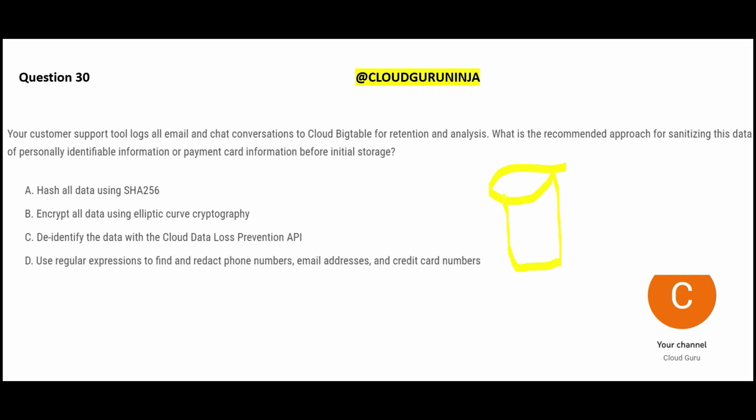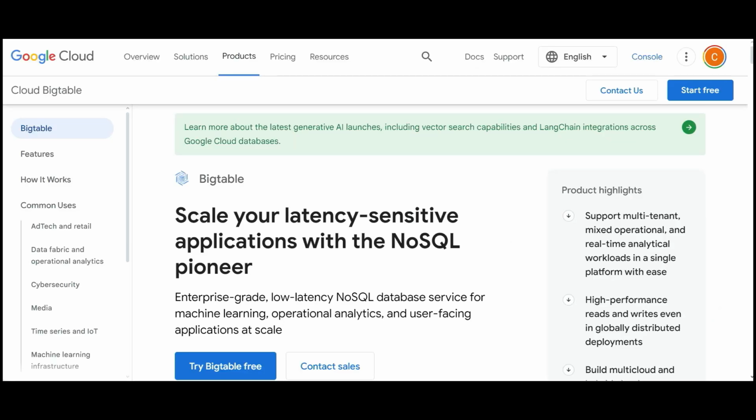Or in India, we have Aadhaar number, and so we might have those conversations and we will put it in Cloud Bigtable. So this is a NoSQL database which is used for low latency applications like Uber and Lyft, where you do not want to wait as a customer to book your cabs. You need lowest latency possible.